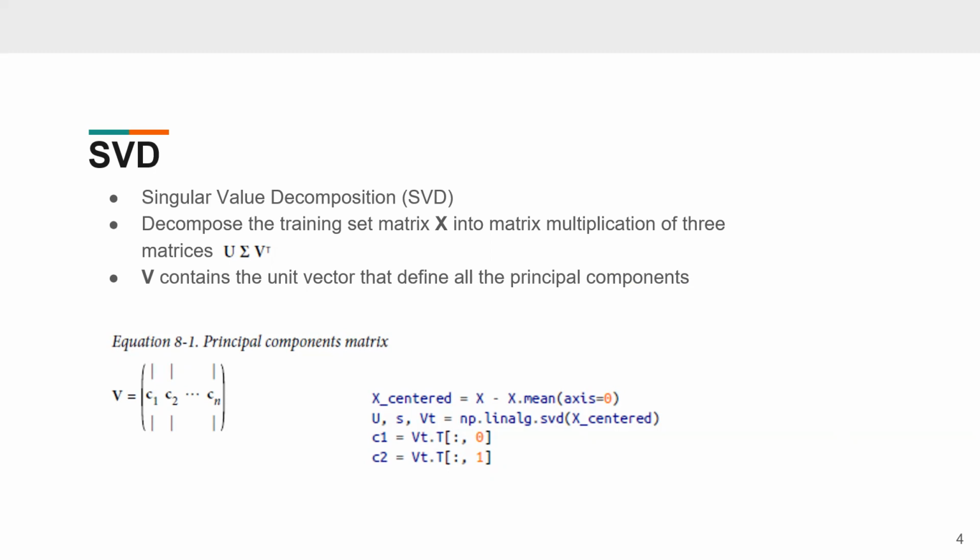They're normalized so that the norm of each vector is 1, so we call it a unit vector. So this V looks like this in these matrices: one column, second column, etc., up to n columns. That would be your n components.